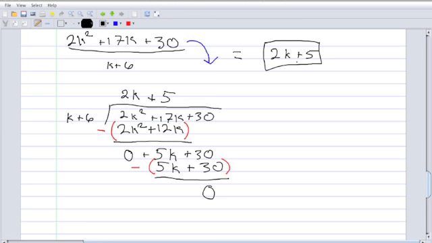Okay, so this whole section on dividing by a polynomial, all we're doing is polynomial long division, like what you see on the screen now.